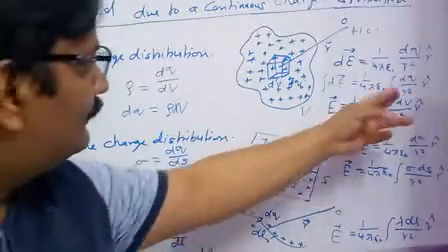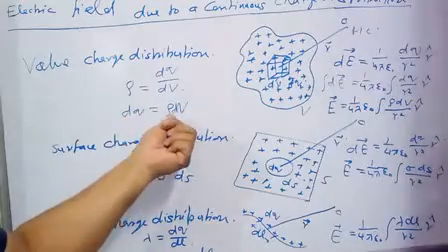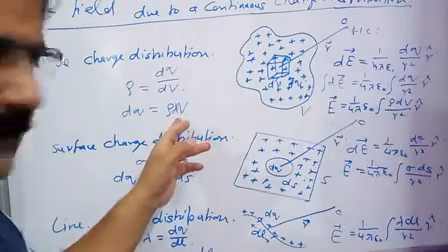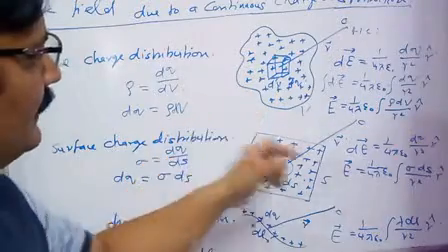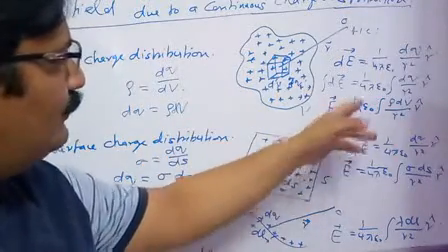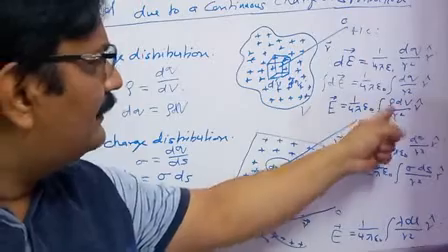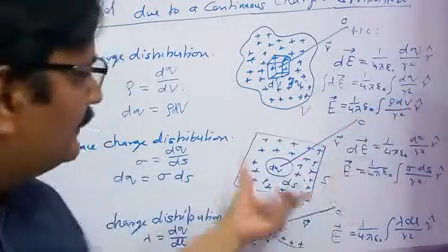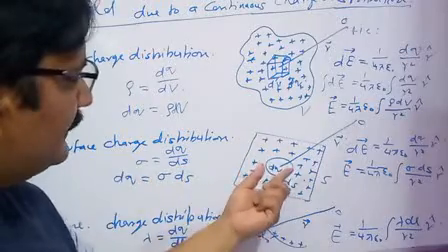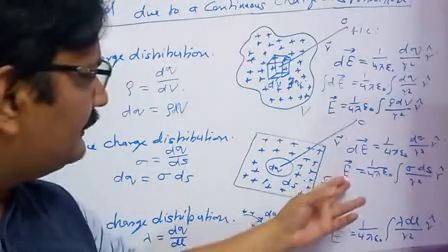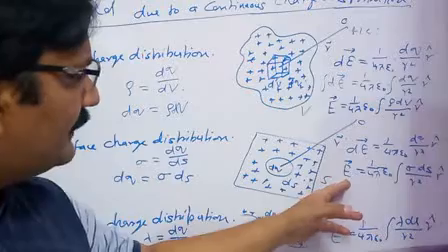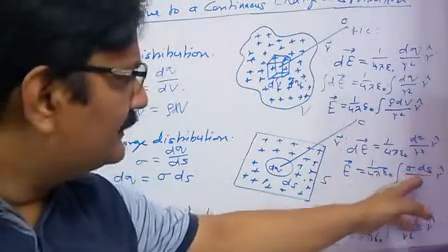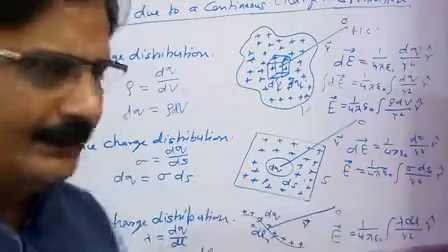The charge dq is going to be the volume charge density rho multiplied by dv, a small section of the volume. So it becomes E is equal to 1 by 4 pi epsilon naught integral rho into dv divided by r square r cap. Similarly, for surface charge density, after integration, vector E is equal to 1 by 4 pi epsilon naught integral sigma into ds divided by r square r cap.